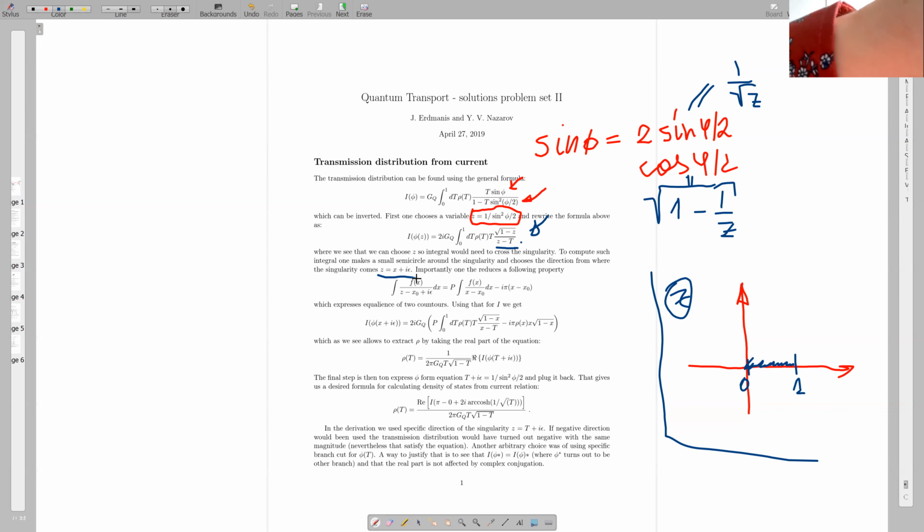Let me put a couple of z. So this one is a little bit higher, with a positive imaginary part, and this is a bit lower, with a negative imaginary part.